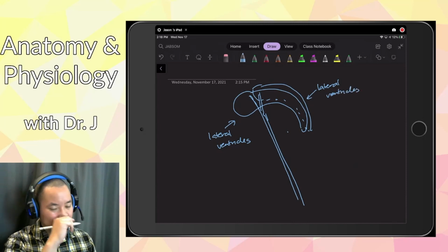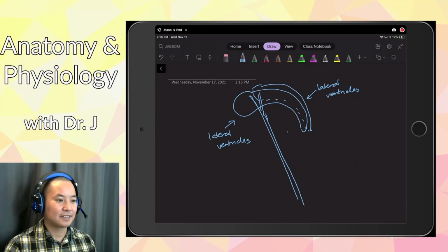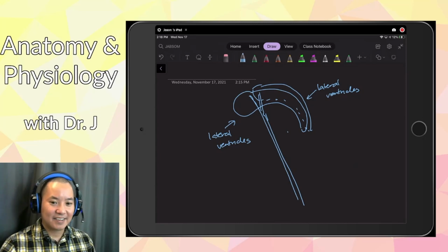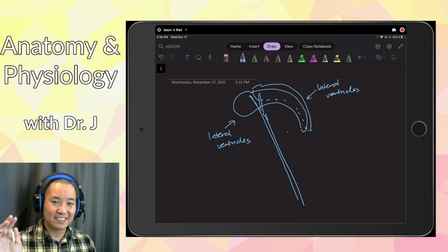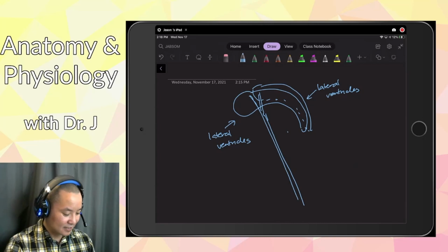Now, this always comes up every year: which one is the first ventricle, which one is the second ventricle of the brain? I haven't found a definitive answer. Don't worry about which is first and second. Notice that they are the first and second, but they're rarely called that. They're mostly typically called the lateral ventricles. So these all have CSF, these lateral ventricles.